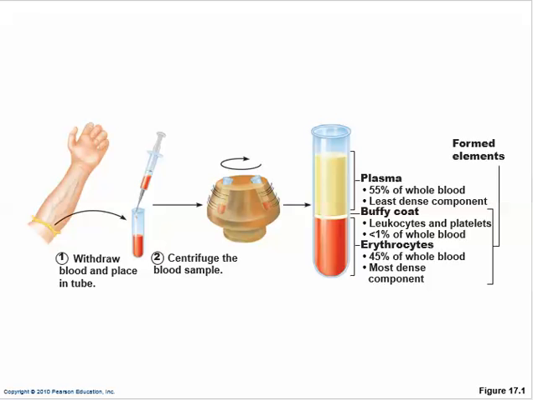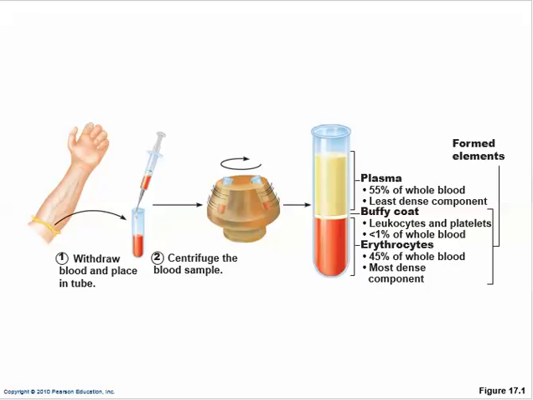All the heaviest elements, the red blood cells, go to the bottom of the tube. Just above it are the lighter formed elements, the white blood cells and the platelets. And we call that the buffy coat. And then what's above that is this straw-colored liquid called plasma.